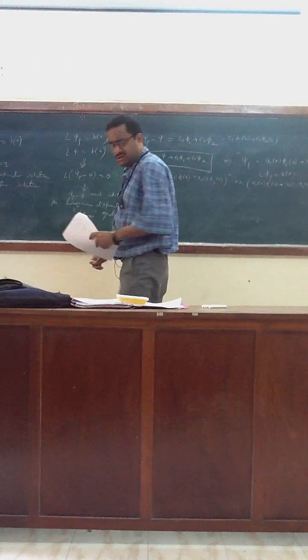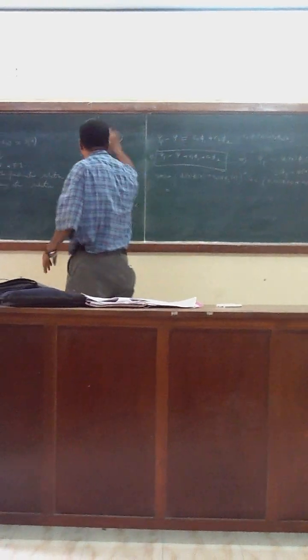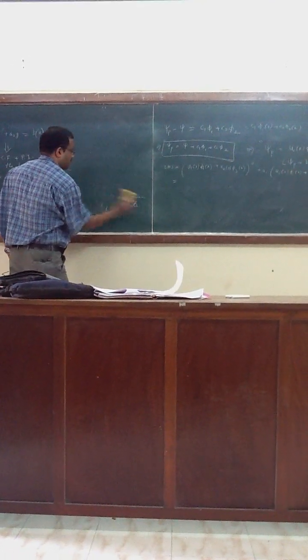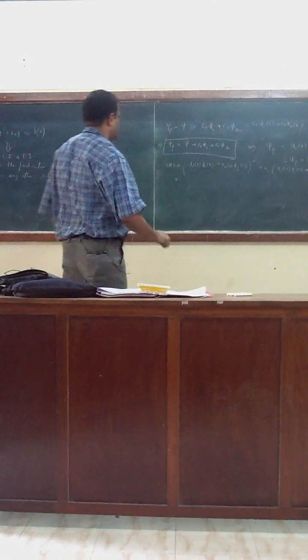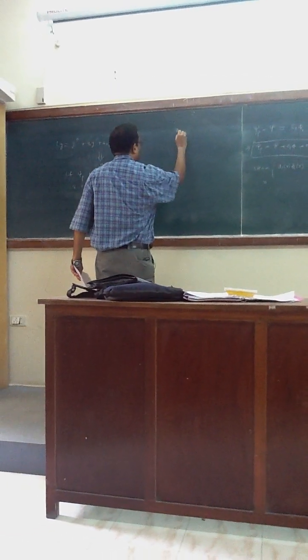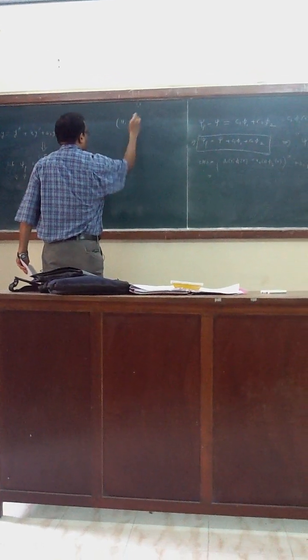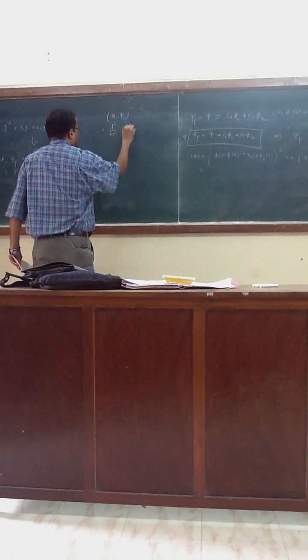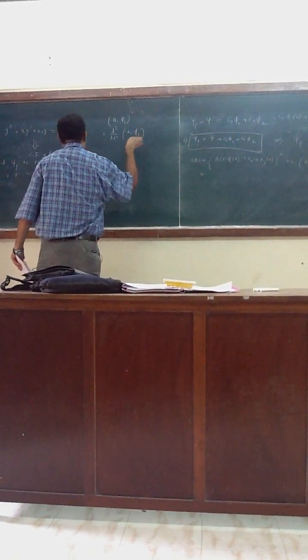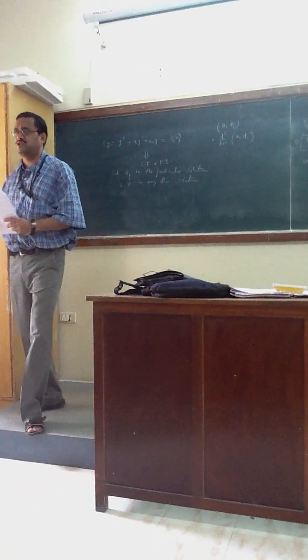Before that, we can do some calculations of this term. u1 phi 1 double prime is nothing but d2/dx2 of u1 phi 1. I am not writing the x because now you know that u1 is a function of x and phi 1 is a function of x.